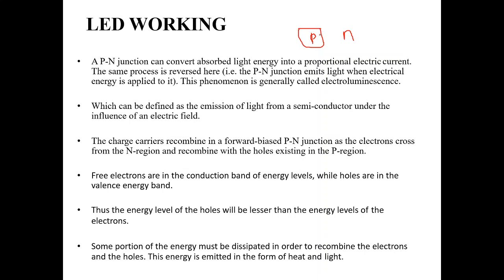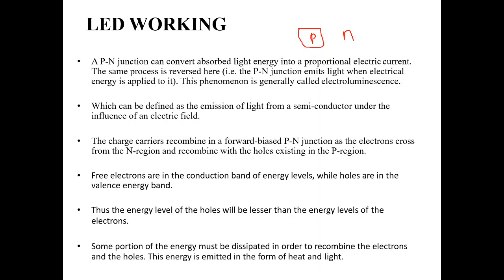These are called extrinsic materials. The extrinsic material becomes p-type by adding trivalent impurities. If you add pentavalent elements, it becomes n-type material.